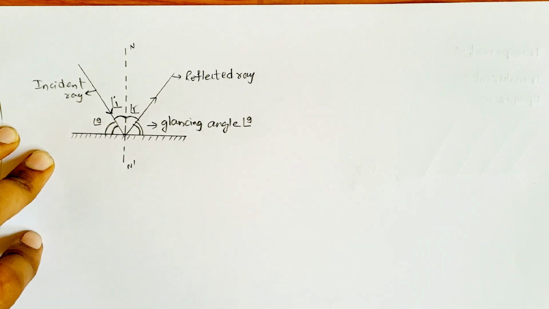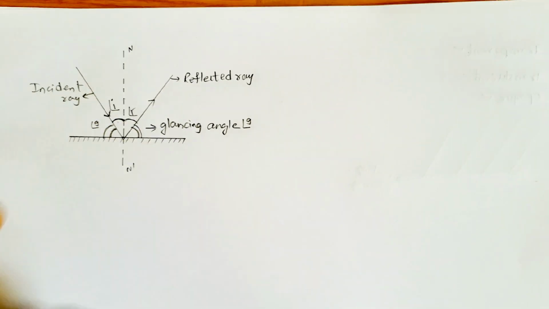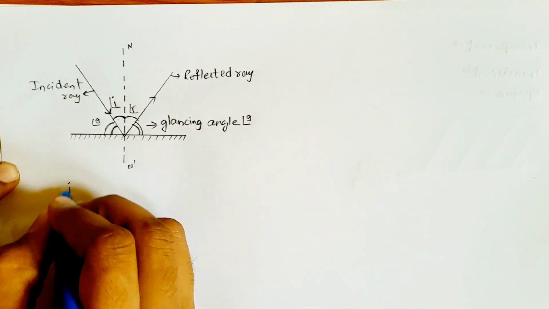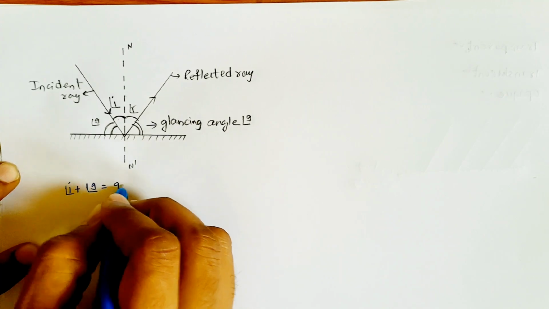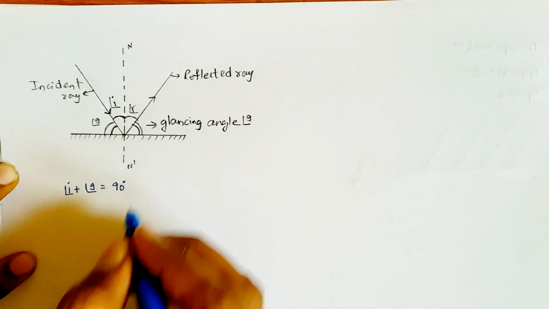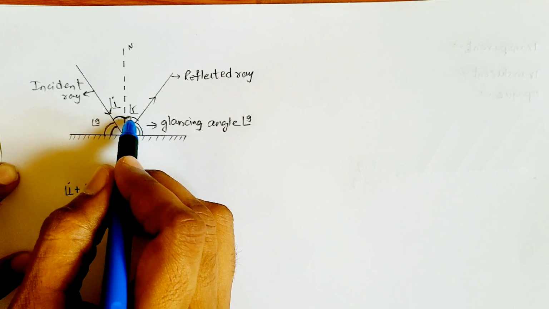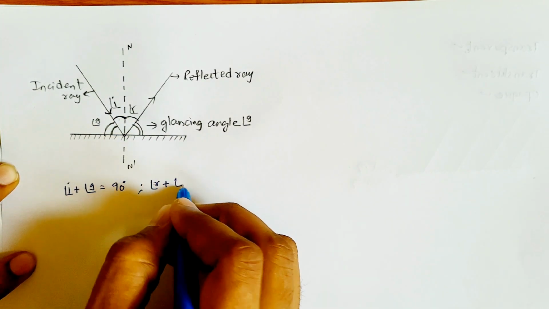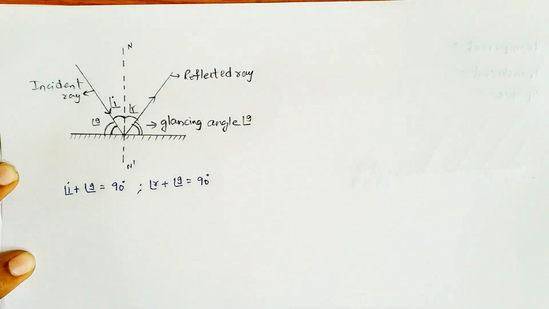What do you need to understand? You need to understand that angle of incidence plus glancing angle. See, some formulas will come here. Angle of incidence plus glancing angle is equal to 90 degrees. And also, if you look at this side, angle of reflection plus glancing angle also will result in 90 degrees.